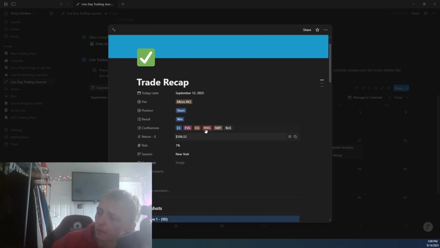So we took a short, and this is everything that I've accumulated over the entire trade. We had a liquidity sweep, fair value gap, equilibrium, inverse fair value gap, SMT, and then break of structure. And we got 506 from it.